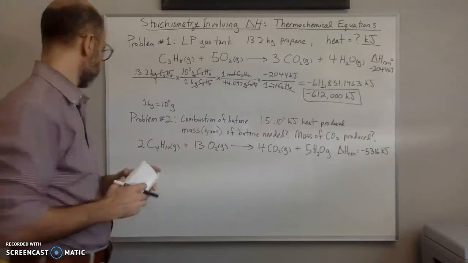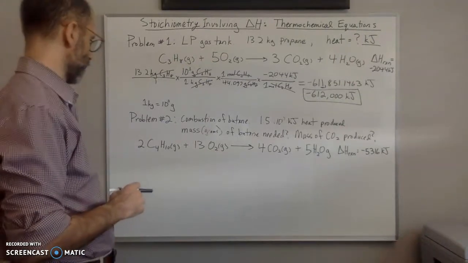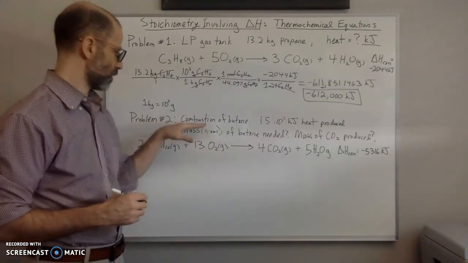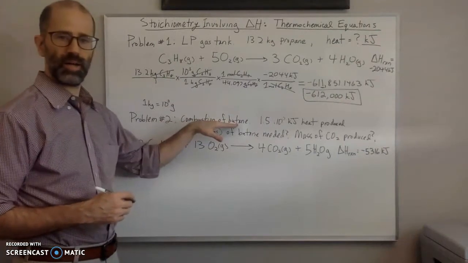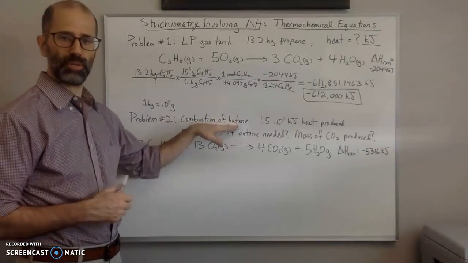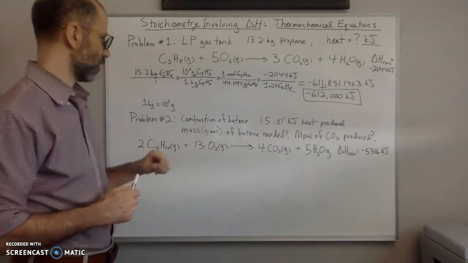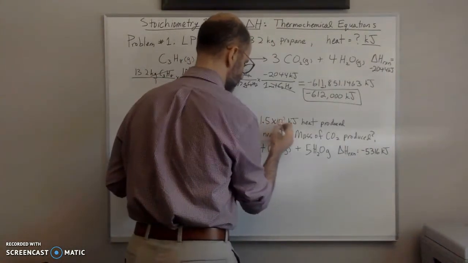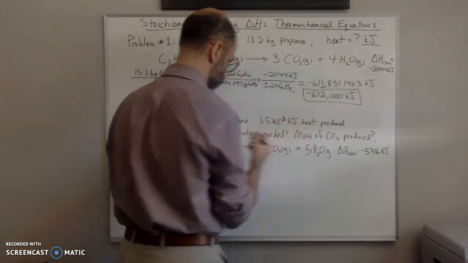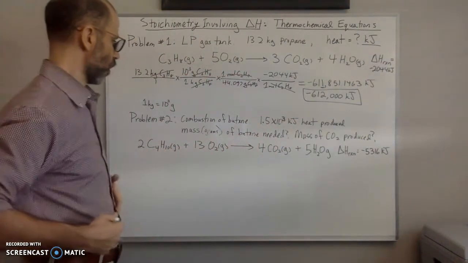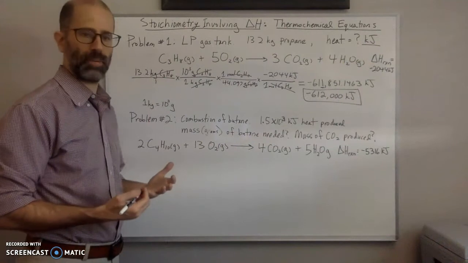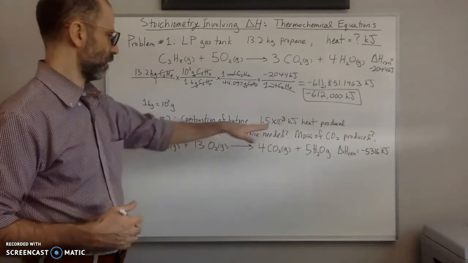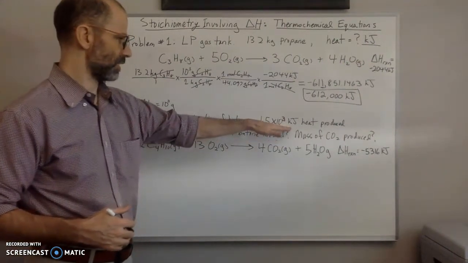Okay, so what about this problem here? In this case, we're combusting or burning butane. Here we're given 1.5 times 10 to the 3 kilojoules of heat produced. So we've burned a certain amount of butane and it produced this much heat.